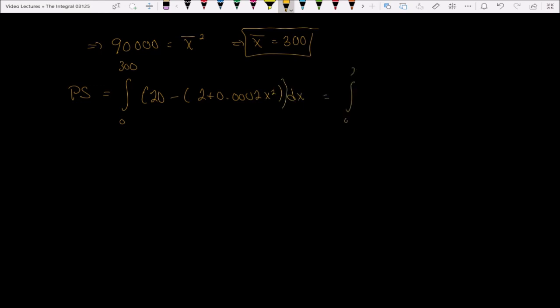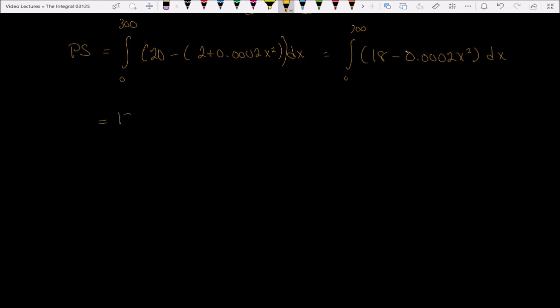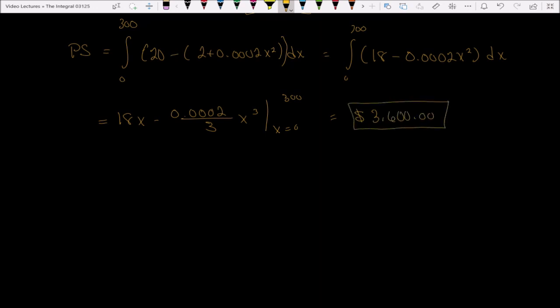So it's the integral from 0 to 300 of 18 minus 0.0002 x squared dx. We get 18x minus 0.0002 over 3 x cubed, evaluate from x equals 0 to 300, and that gives us $3,600. That is our producer's surplus.